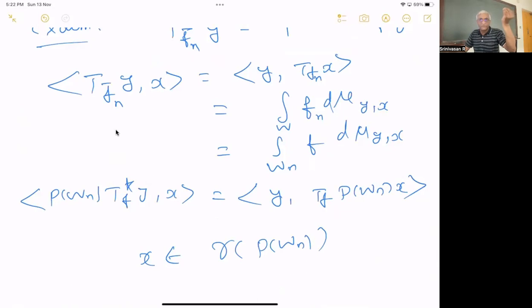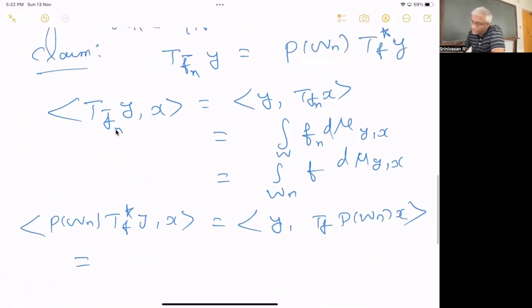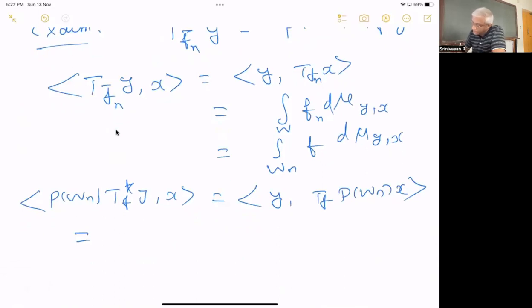We proved that when we proved D f is dense. So T F makes sense on that, and T F acts on P of omega n x. But anyway, x is in the domain of that, so that's also okay.